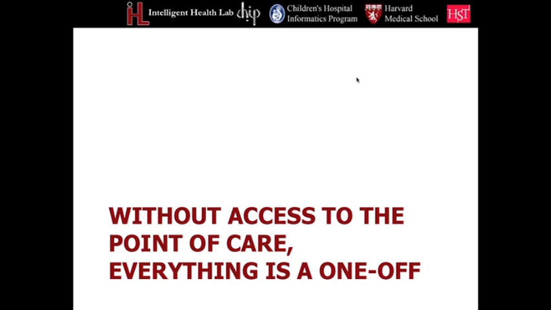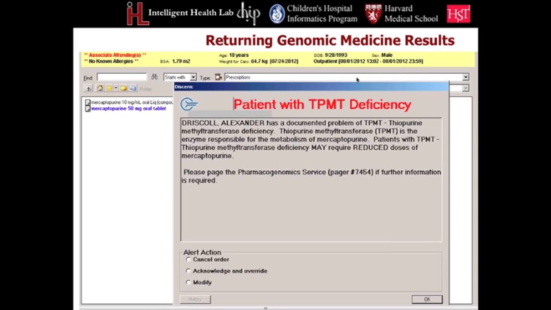Now, there are two possibilities, and these are very frequent in the real world. One is that you've never had the testing done, in which case you need the testing before you prescribe the drug. The other is that the testing is done and you need the results.